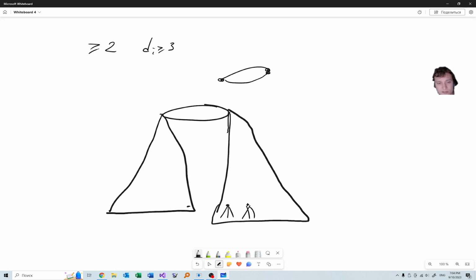The problem is sometimes I do not have several such vertices. What can I do then? The other thing is I can swap it with some inner leaf. Also, sometimes I can swap it with itself.